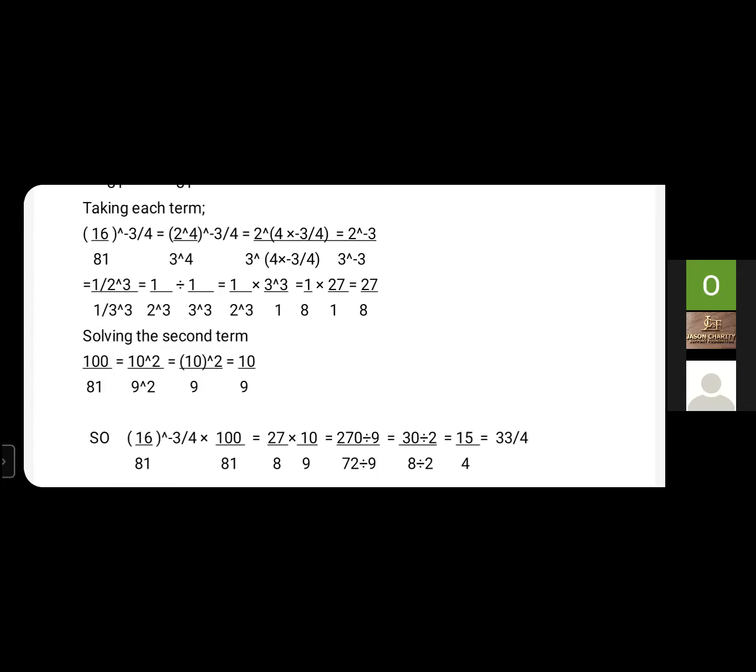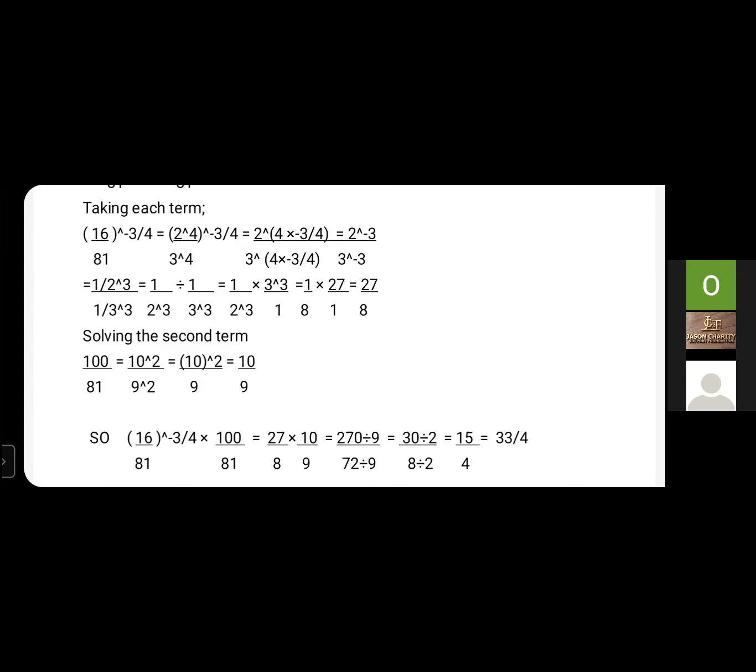The power outside the bracket in this case is 1 over 2, and the denominator is 2. We want to break down 100 over 81 to powers that have a relationship with 2. So we can say 100 is 10 raised to the power of 2, and 81 is 9 raised to the power of 2.